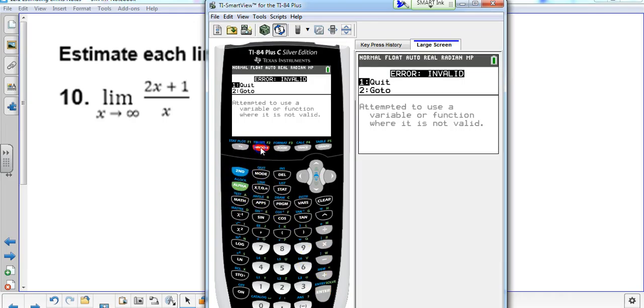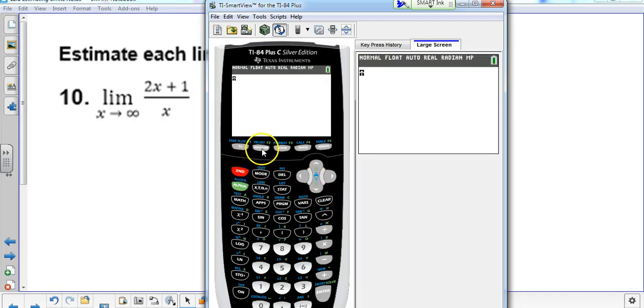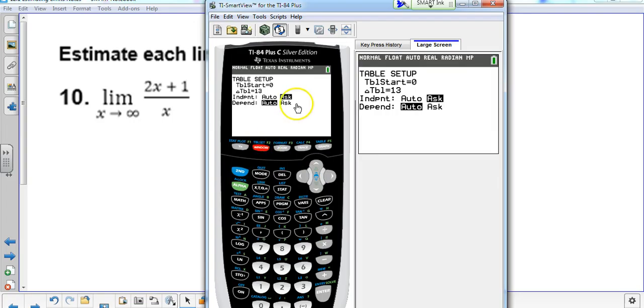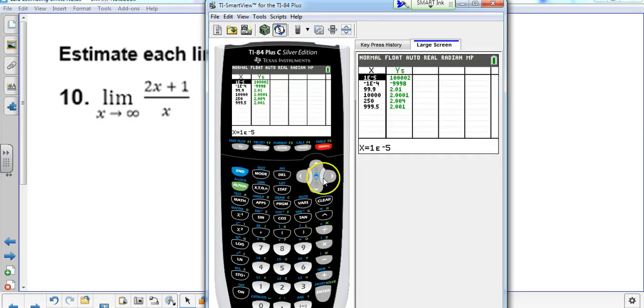But if I switch over to the table, as long as I have it set up to ask and auto, then I'm trying to approach infinity, so I'm going to put 999, 99999. I could put 1 followed by lots of zeros. What's happening? The y value is getting very close to 2.